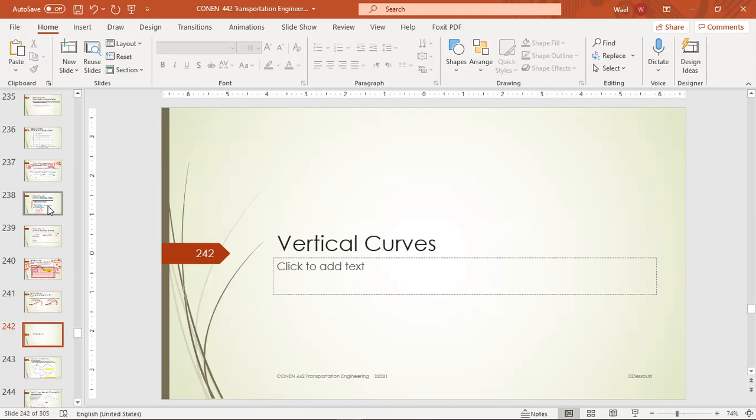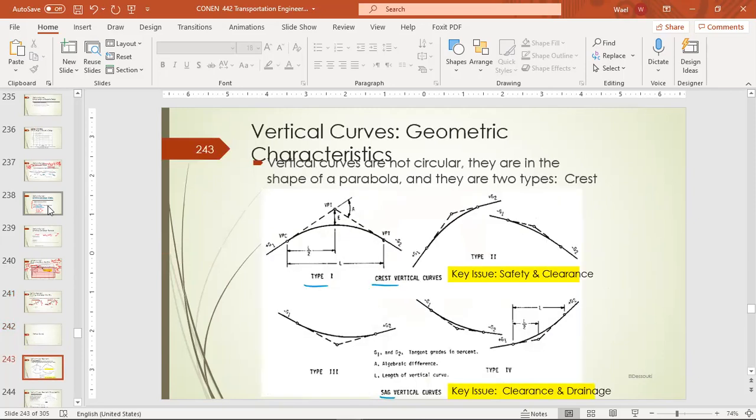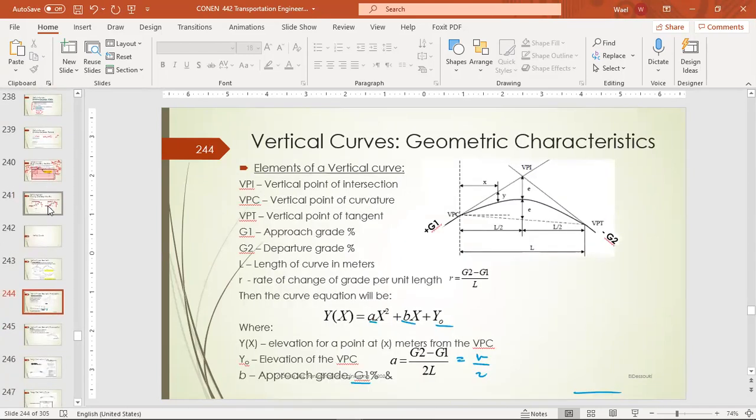Then we started talking about vertical curves, and we have two types: crest vertical curves and sag vertical curves. The main objective in vertical curve design is basically to have the driver.